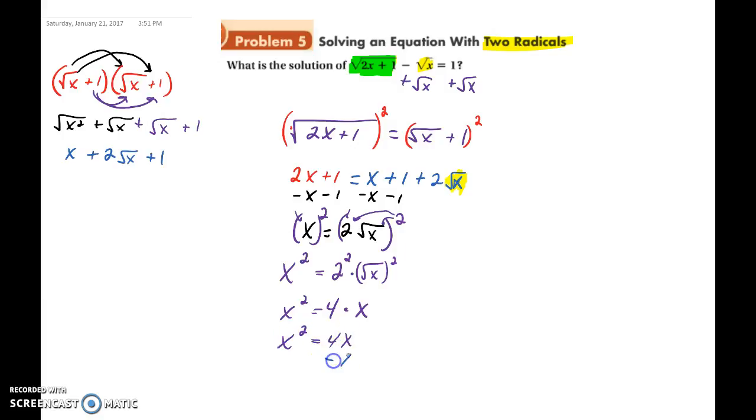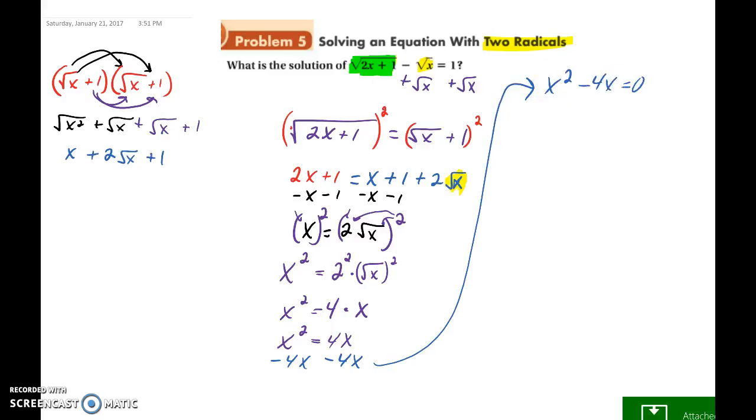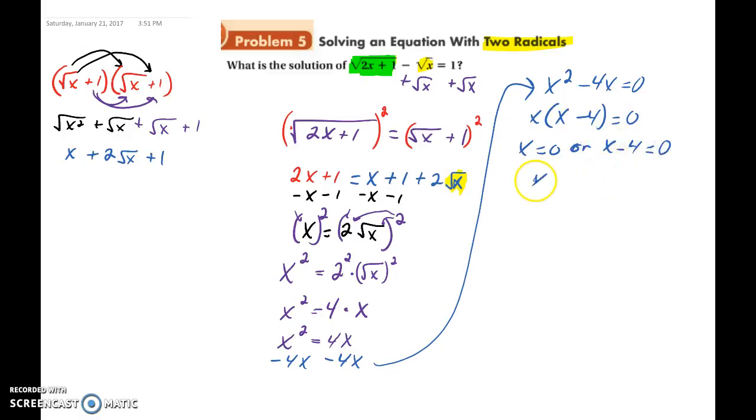Then we'll subtract over our 4x. We'll finish it up here. x squared minus 4x is equal to 0. We factor out an x, so we're left with x times x minus 4 is equal to 0. So x is equal to 0, or x minus 4 is equal to 0. So x is equal to 0, or x is equal to 4.